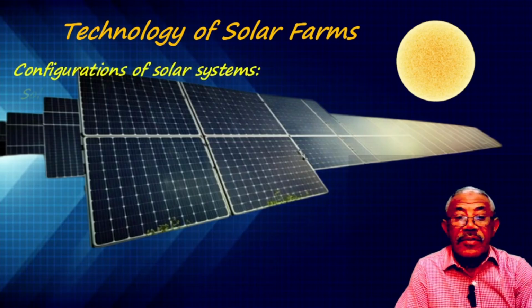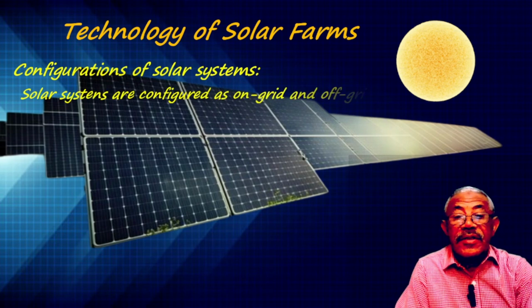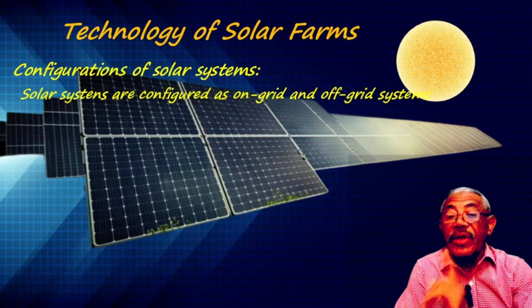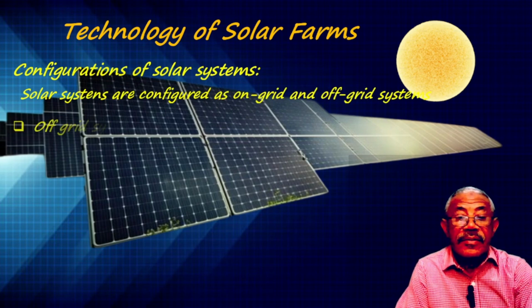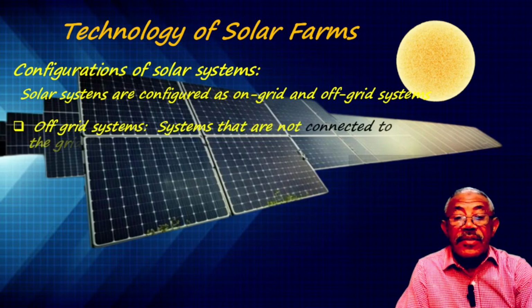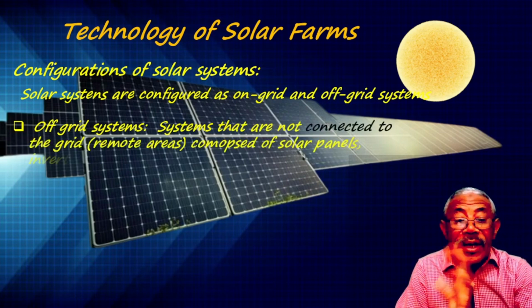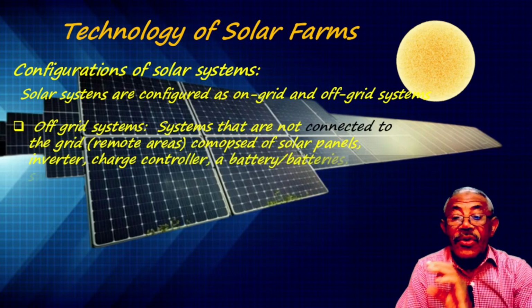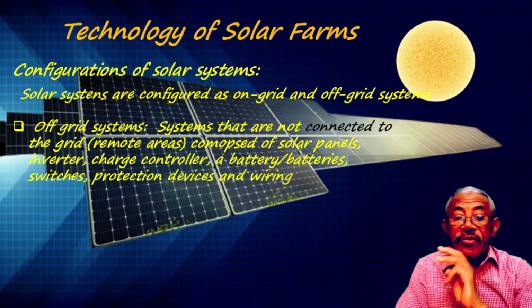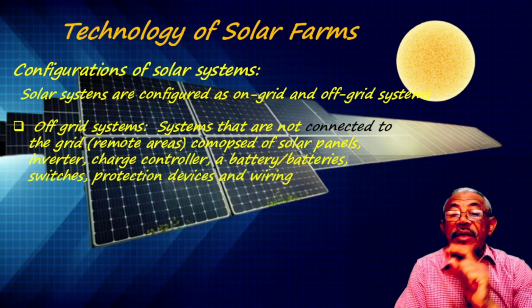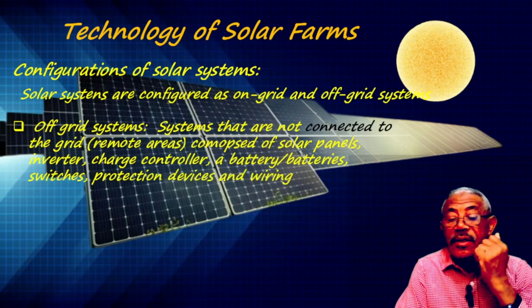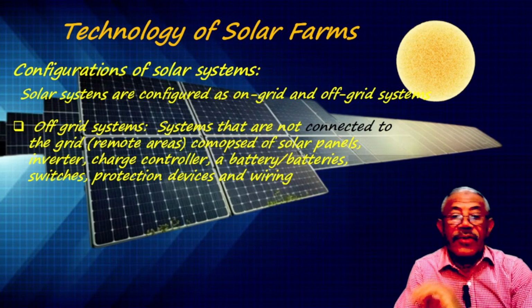Configuration of solar systems. Solar systems are configured as on-grid and off-grid systems. Off-grid systems are not connected to the grid, composed of solar panels, inverters, charge controllers, batteries, switches, protection devices, and wiring.